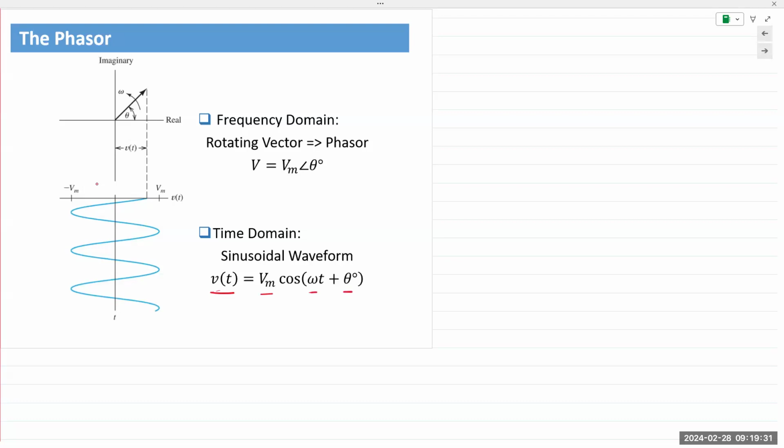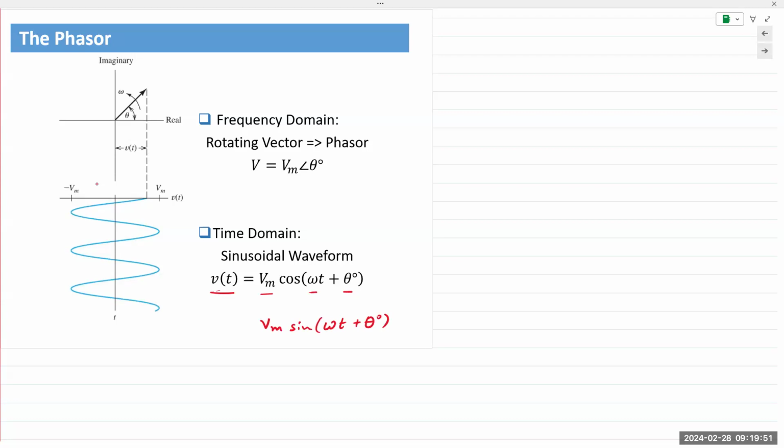Theta can have both positive as well as negative values. Now this expression is still the same, whether you use sine or cosine. So it could be Vm sine omega t plus or minus theta.